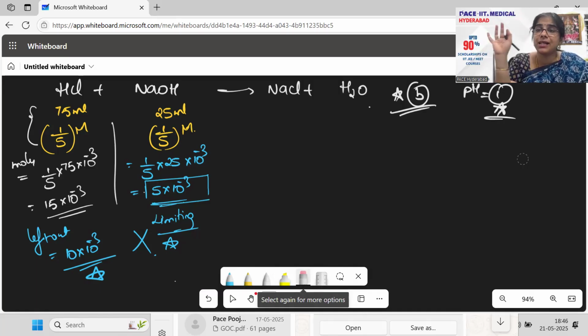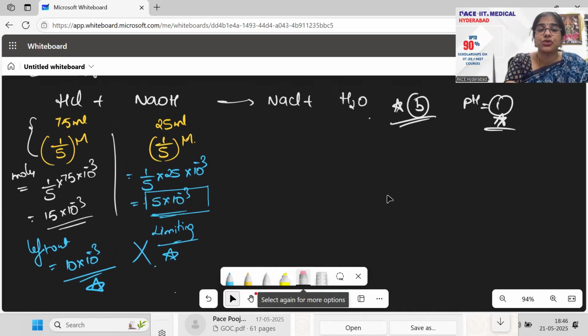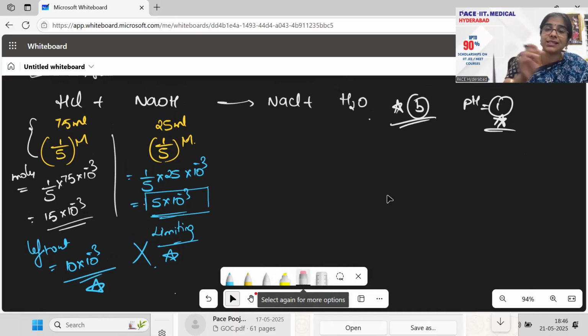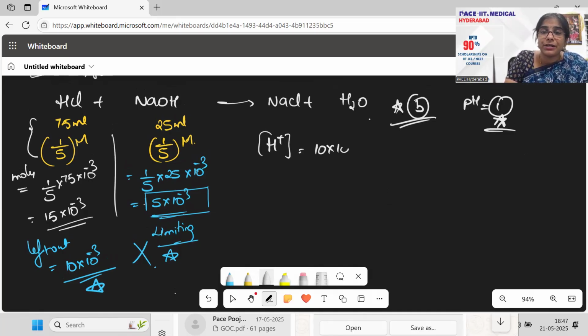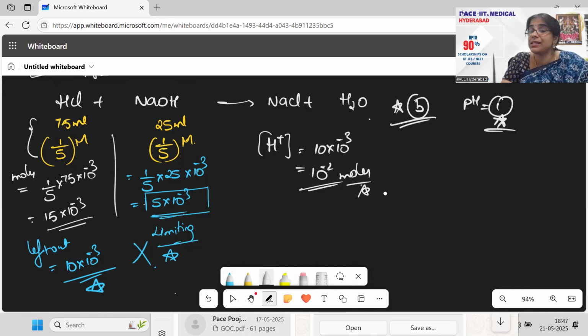If your salt is coming from a strong acid and a strong base, remember this, you will never talk about buffer, you will never talk about salt hydrolysis. Just see how much is left out. Your acid part is left out. So the H plus moles is 10 into 10 to the power minus 3, which is 10 to the power minus 2. This is my moles, not concentration. This is my moles of H plus.